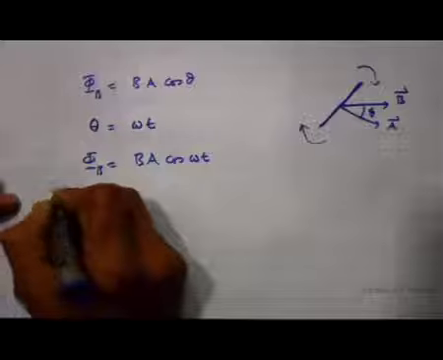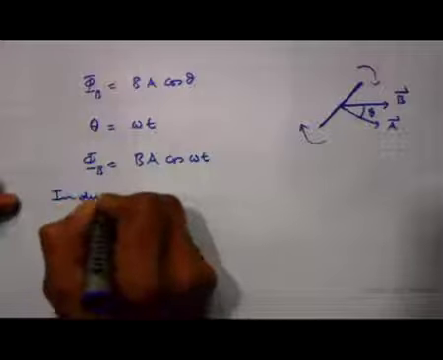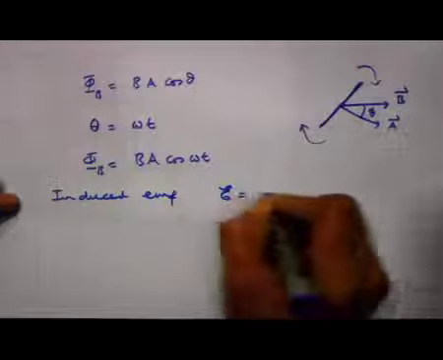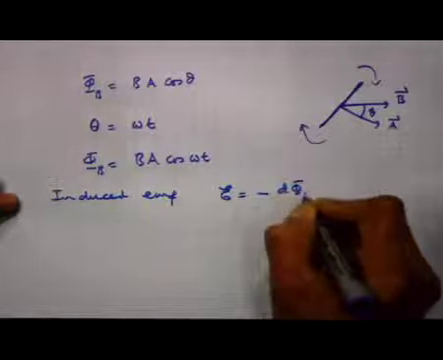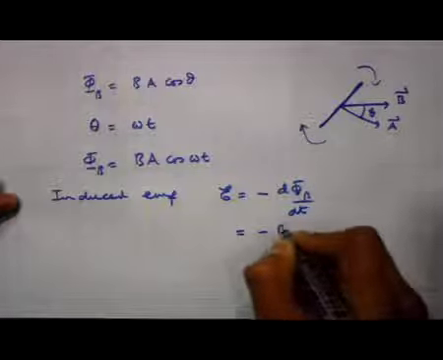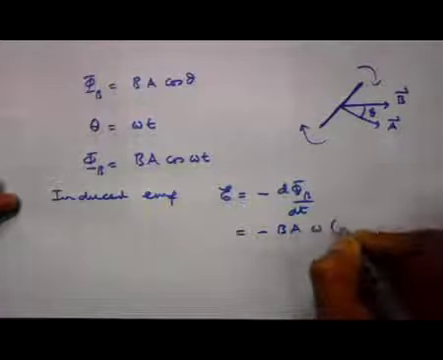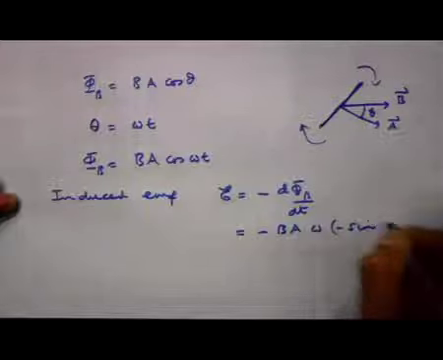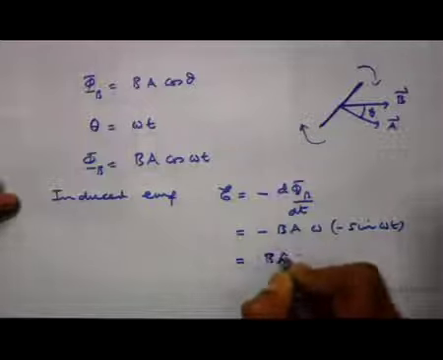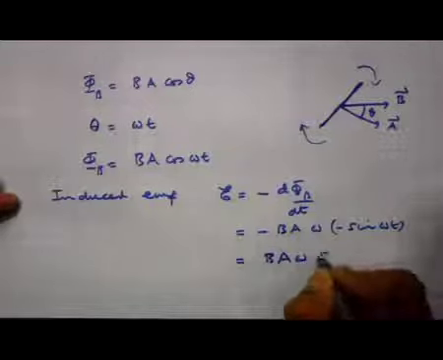So, the induced EMF is minus d phi B by dt, which is equal to minus B A omega into minus sin omega t, which is equal to B A omega sin omega t.